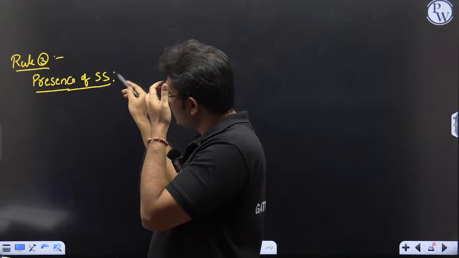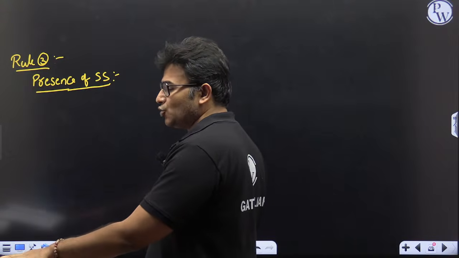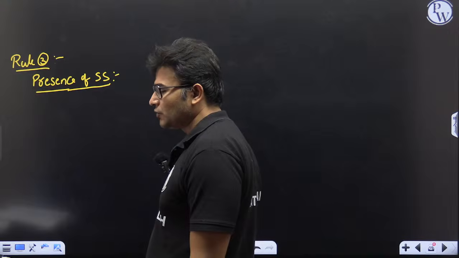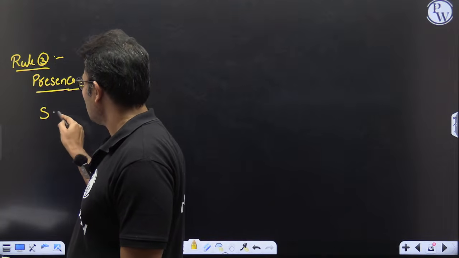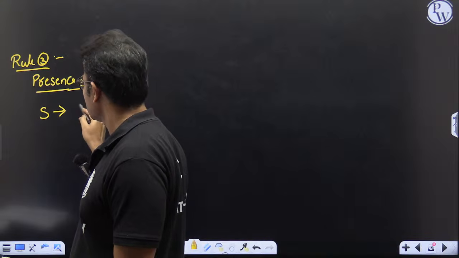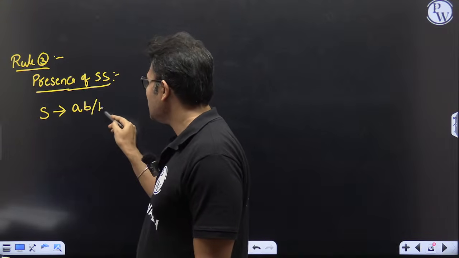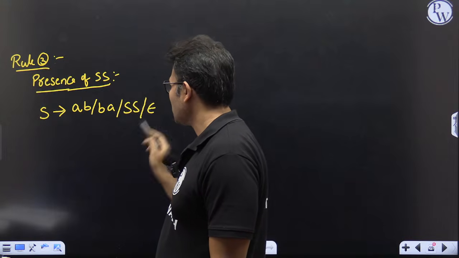So whenever SS is present, you have to be careful. In most of the cases, it will lead to an ambiguous grammar, right? For example, if I write like this, S derives AB or BA or SS or epsilon.